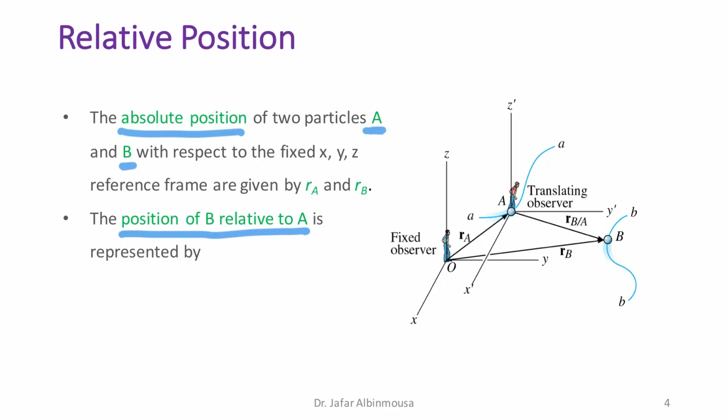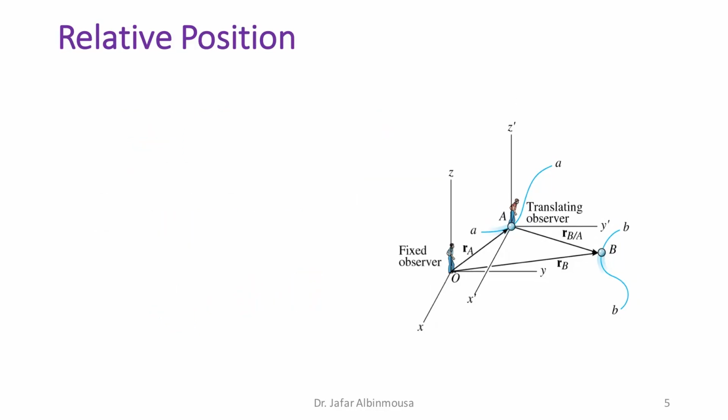If we want to measure this relative position, then RB with respect to A is equal to RB minus RA. Let's have a quick example.